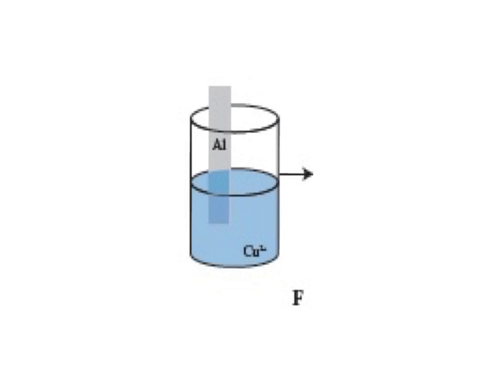If you notice in example number F in our packet, this is the exact depiction of our reactants. We have the copper chloride solution, copper 2+, and the aluminum strip that we're going to put inside that copper solution. We actually use copper chloride, so there are some chloride ions in there as well, but those are not part of the reaction. Those are spectator ions.